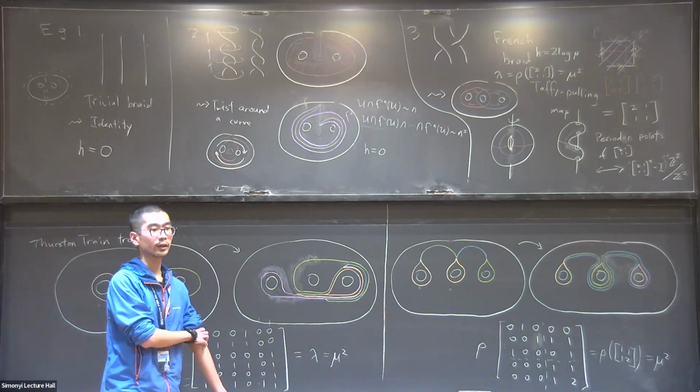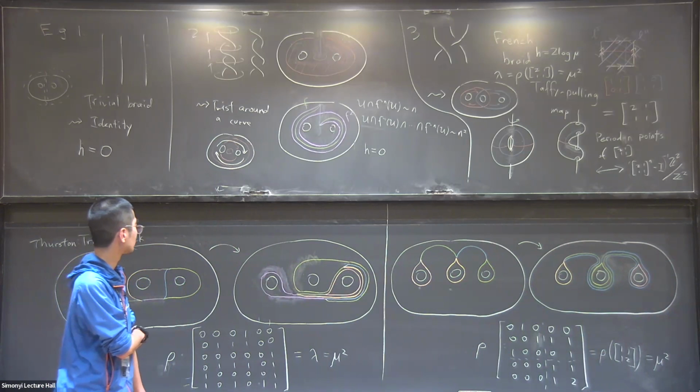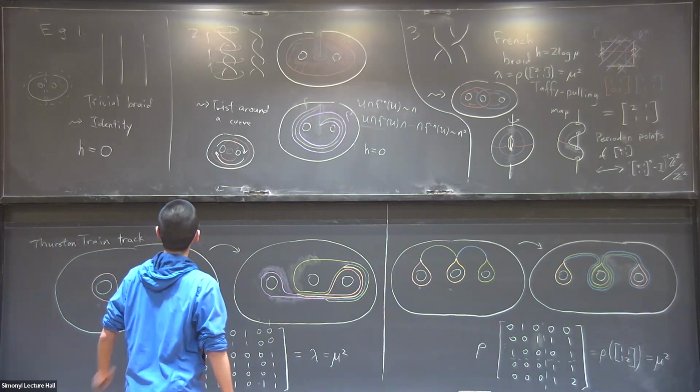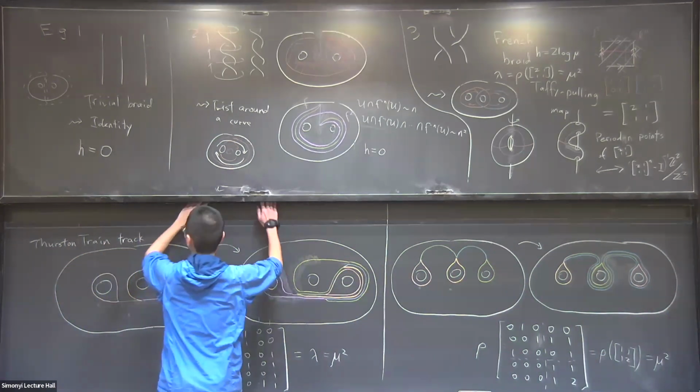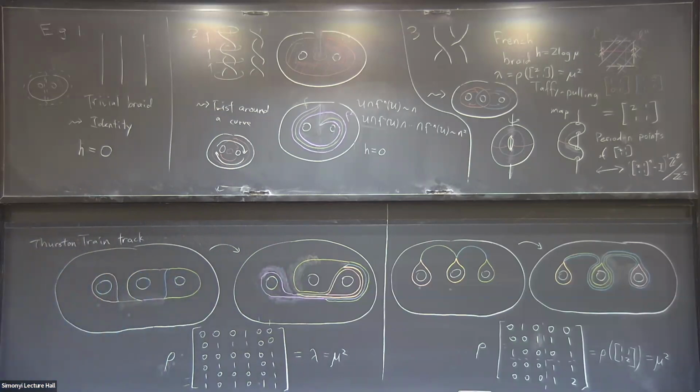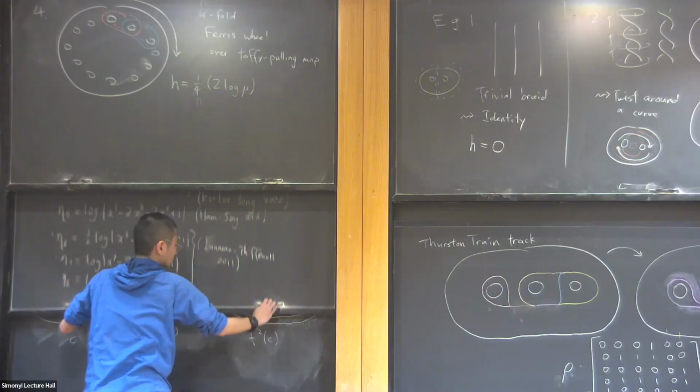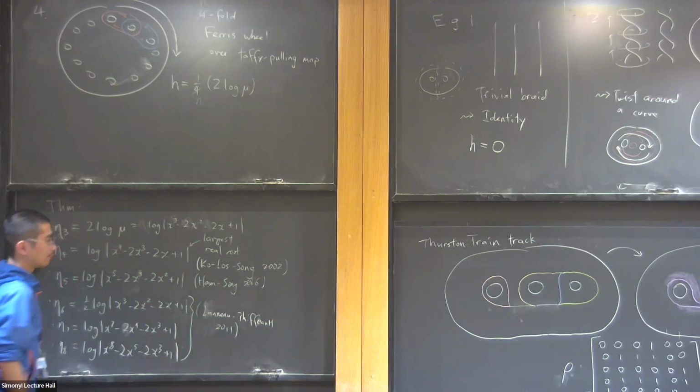Questions? So how unique is that braid that minimizes entropy, in the sense that you... So in the free, sorry. In the free strand setting, this is unique. I believe this is also unique. These two, I think, are unique.